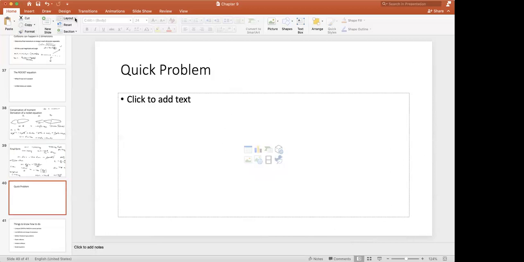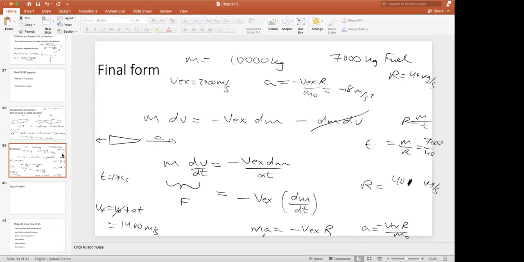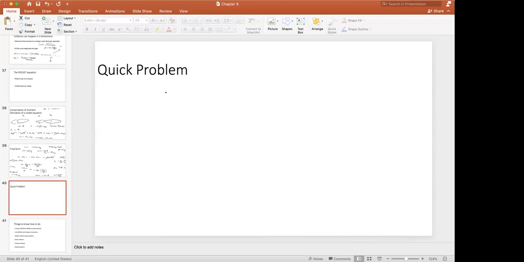So if we go back and look at this equation, m dv was equal to minus vex dm, okay? What I want to do is find dv is equal to minus vex dm over m.